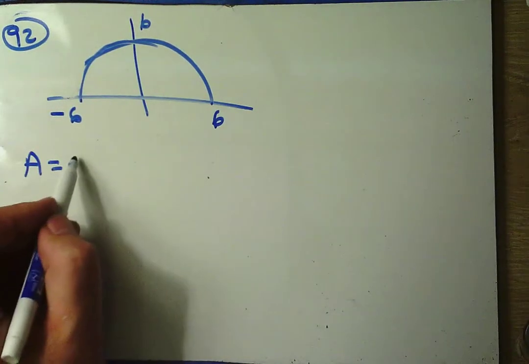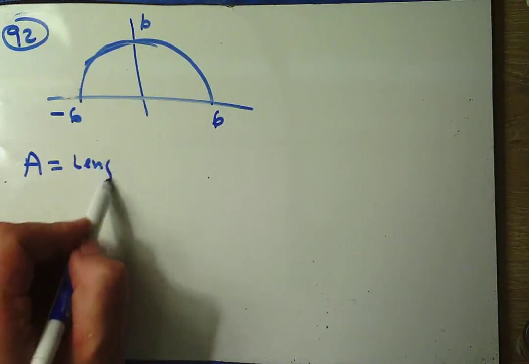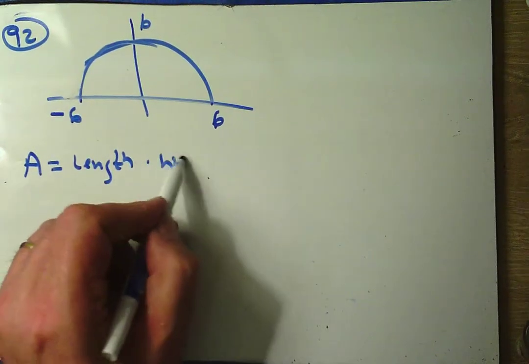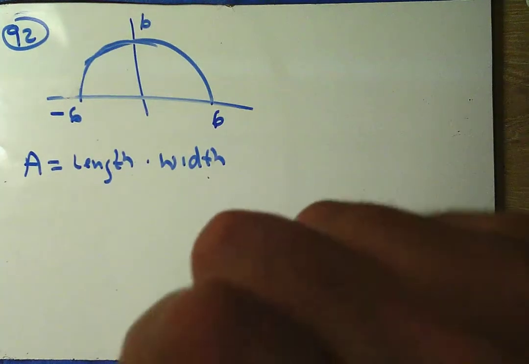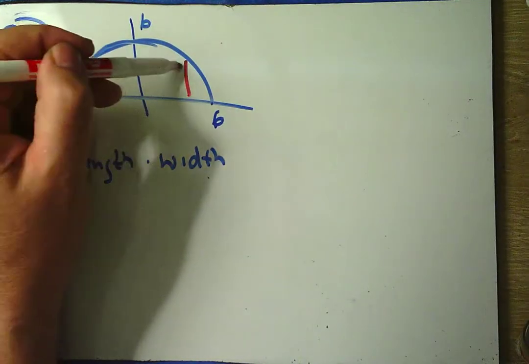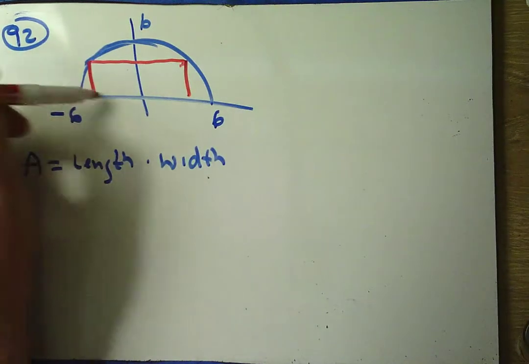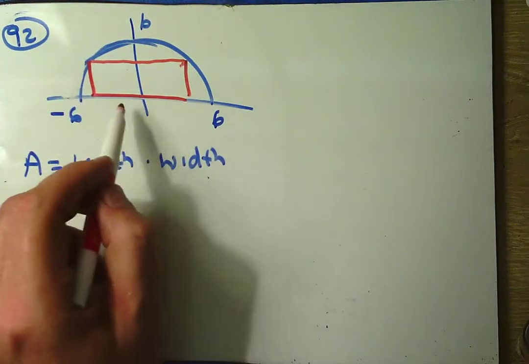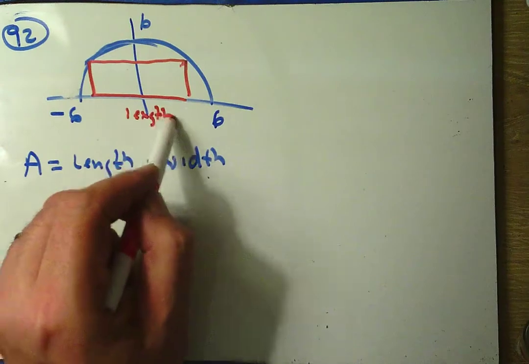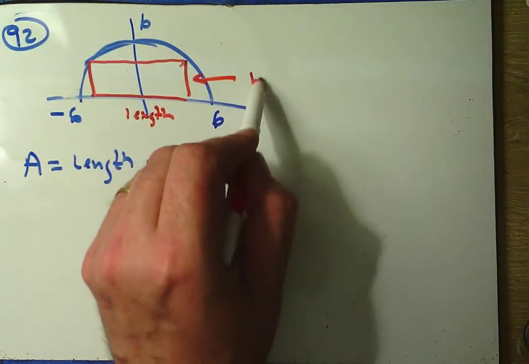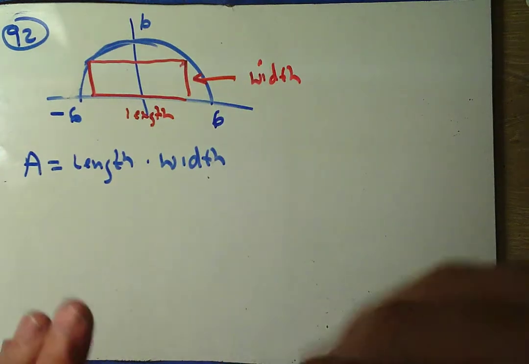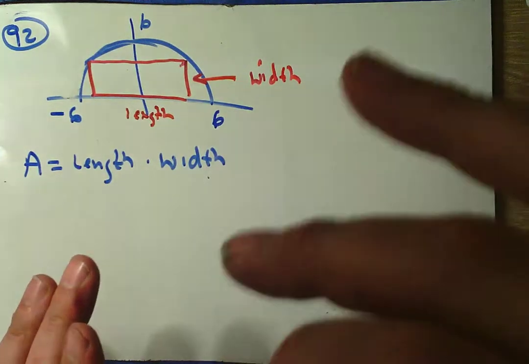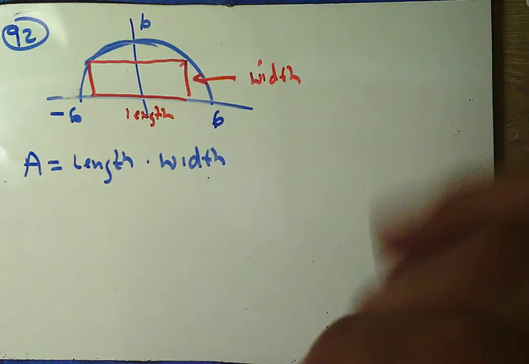Okay, and they say, write the area of the rectangle as a function of x. Well, I remember that area of a rectangle is length times width. And if I look at this rectangle here, I see that the rectangle has a length and that the rectangle has a width. All right, now this problem is not about guessing numbers for these things.